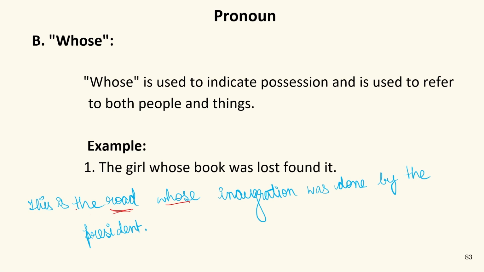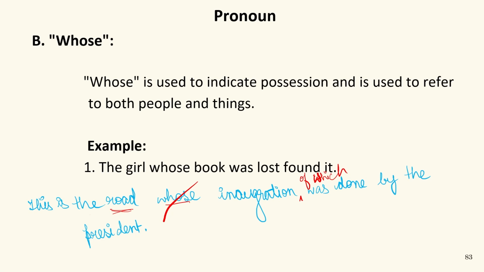So this can be rectified as: this is the road. Now whose will be removed from here, and after inauguration we'll add of which. Now as I told you before as well, which is only a nominative case. To show its possession we use of. So the correct sentence will be: this is the road, inauguration of which was done by the president.